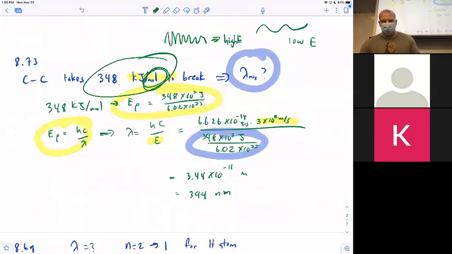A shorter one, 300 nanometers, will also break the bond, but a 345 nanometer photon will not break the bond. Shorter ones can, because for electromagnetic radiation, when the wavelength goes up, the energy goes down. So long wavelength means low energy, and short wavelength means high energy.